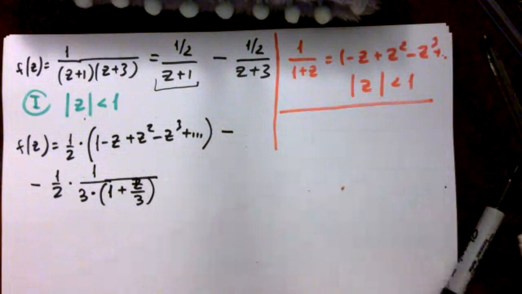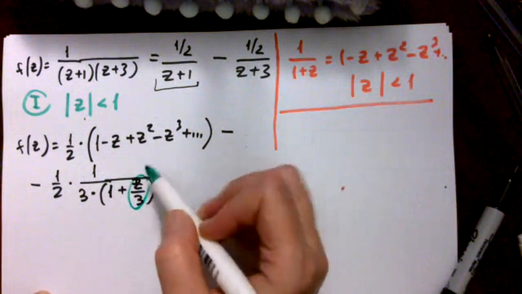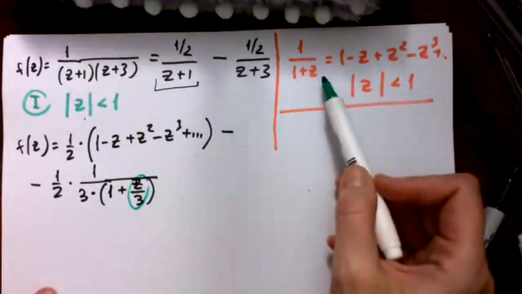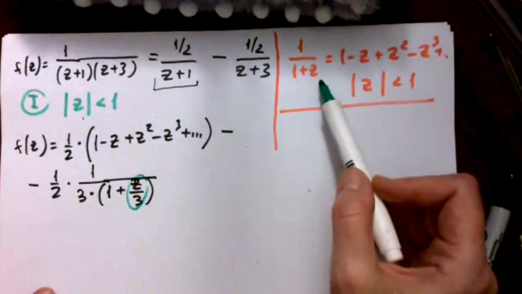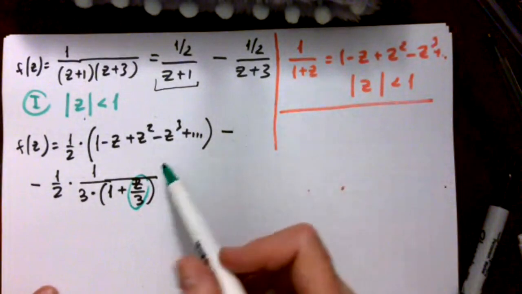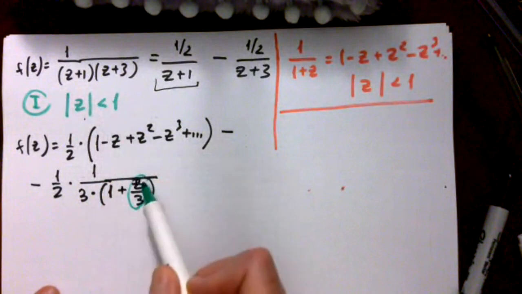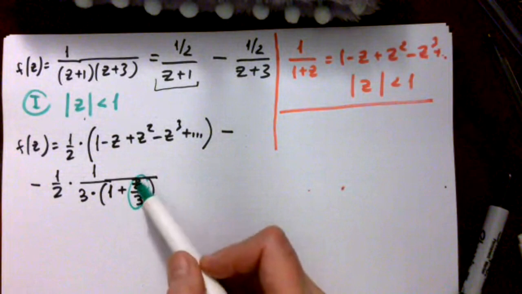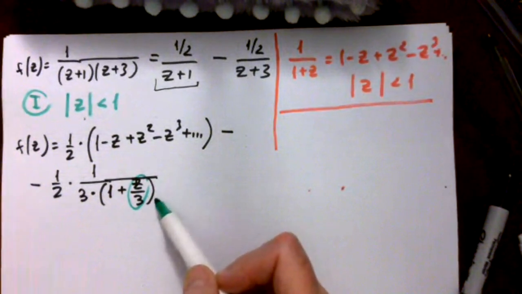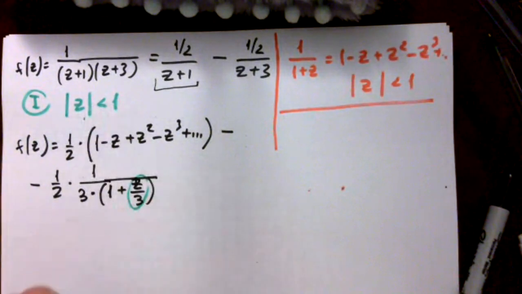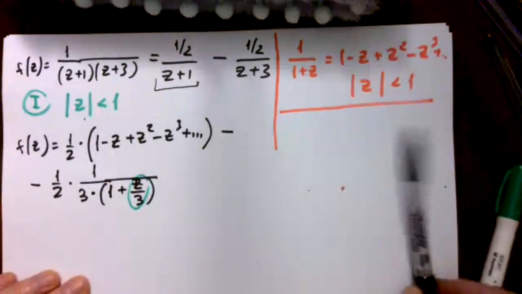No, it's correct. I was looking at this term and trying to decide if I can substitute it here instead of z. It turns out that I can, because we are in the region where the modulus of z is less than 1. So our numerator is less than 1, which means that the whole fraction will be less than 1 over 3. Of course it's less than 1, so it is allowed.